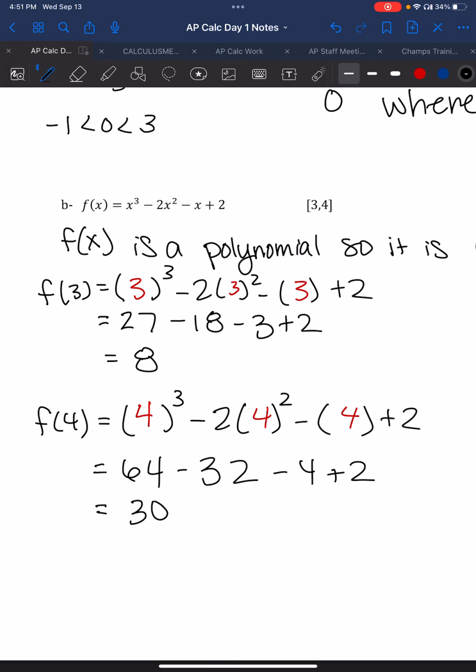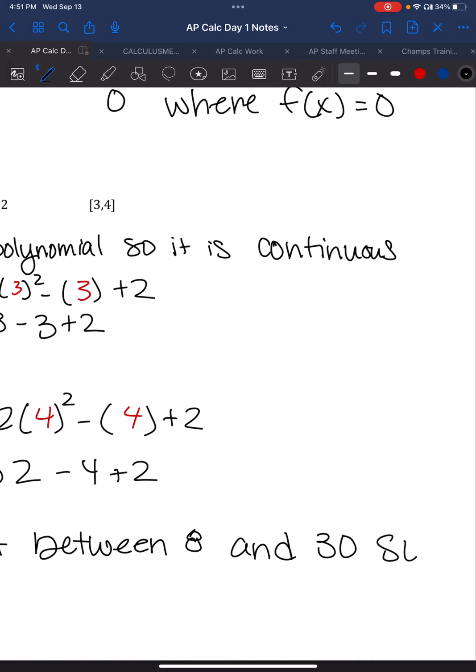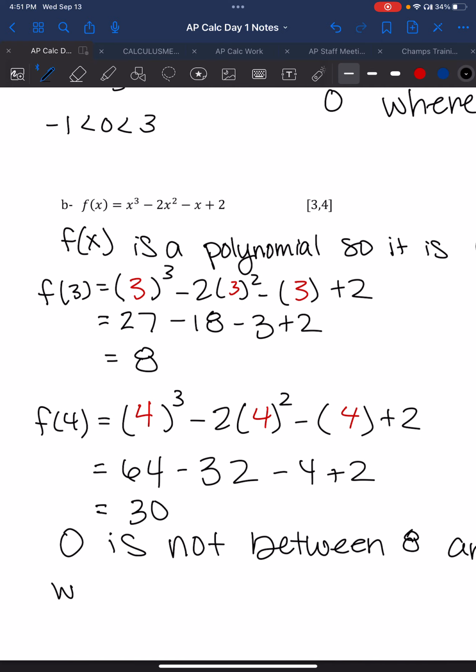Okay, so here is what we know. We have two positive numbers and we need a 0. So 0 is not between 8 and 30. So we do not have enough information to use IVT.